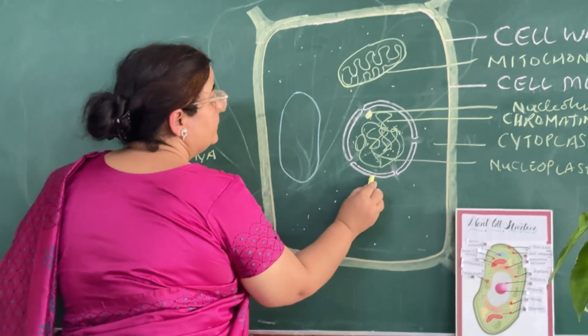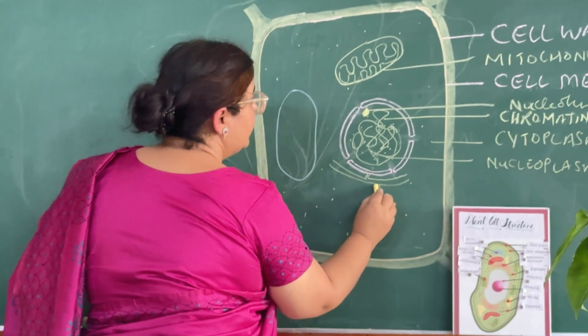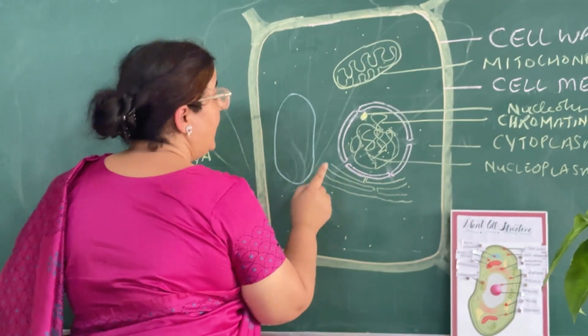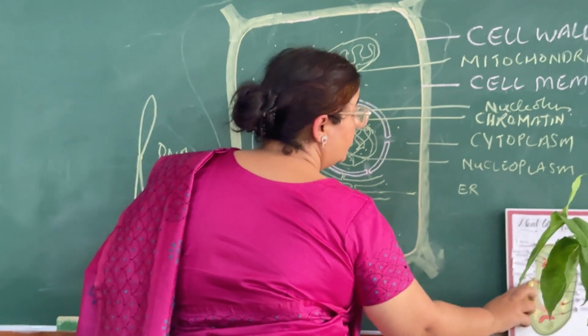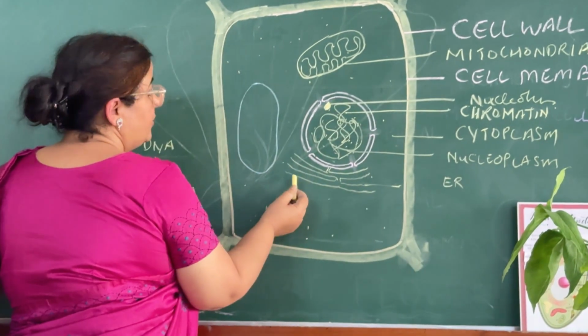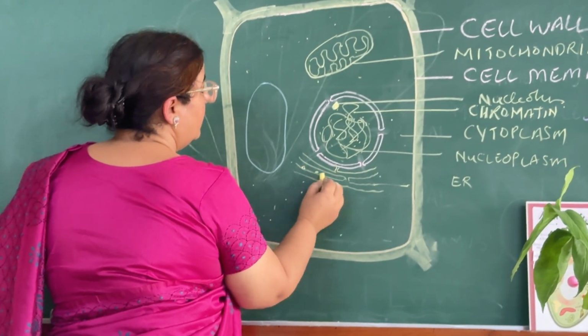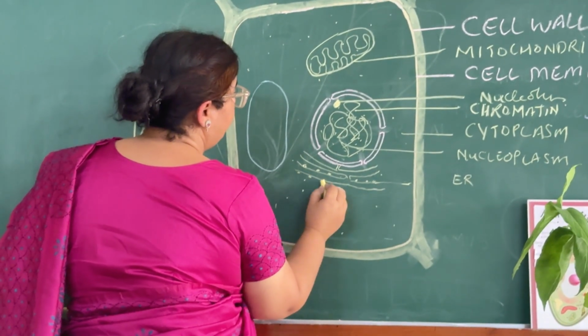Then there is another important organelle which is known as endoplasmic reticulum. Endoplasmic reticulum is of two types, rough endoplasmic reticulum and smooth endoplasmic reticulum.